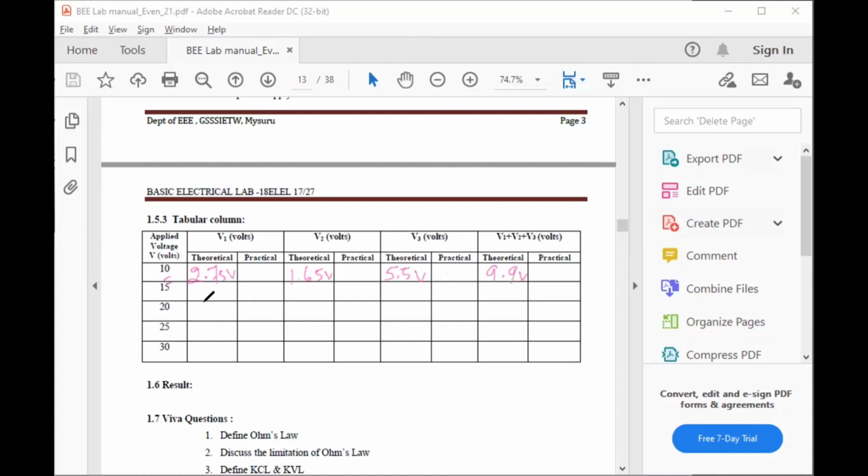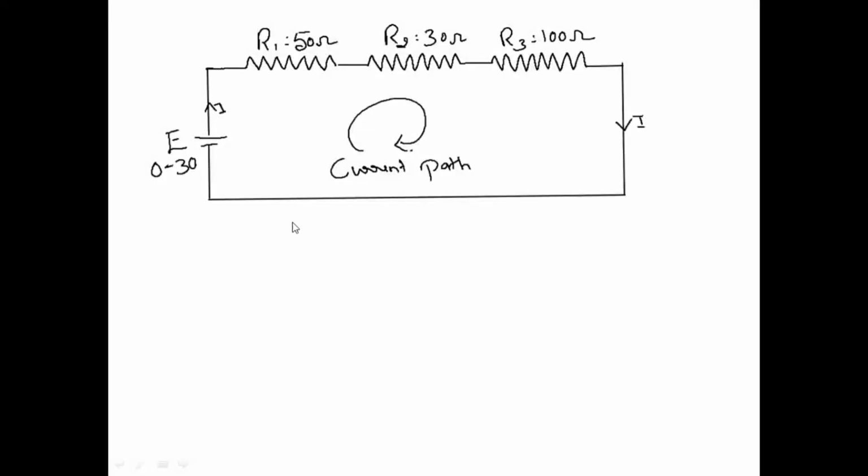Similarly, we can do the calculation for 15 volts, 20, 25 and 30 volts. So this is about the verification of Kirchhoff's laws.